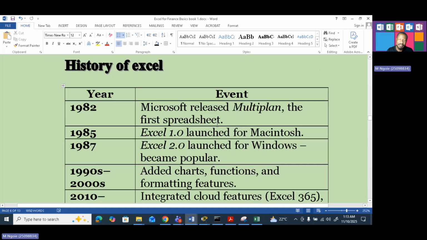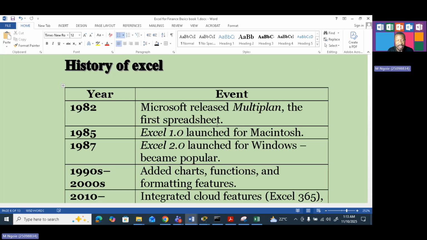And let's talk about some of the history of Excel. The first Excel was launched in 1982 and the name was Multiplan. That was the first spreadsheet. And in 1985, Excel 1.0 was launched by Macintosh. And in 1987, Excel 2.0 was launched for Windows and it became popular.